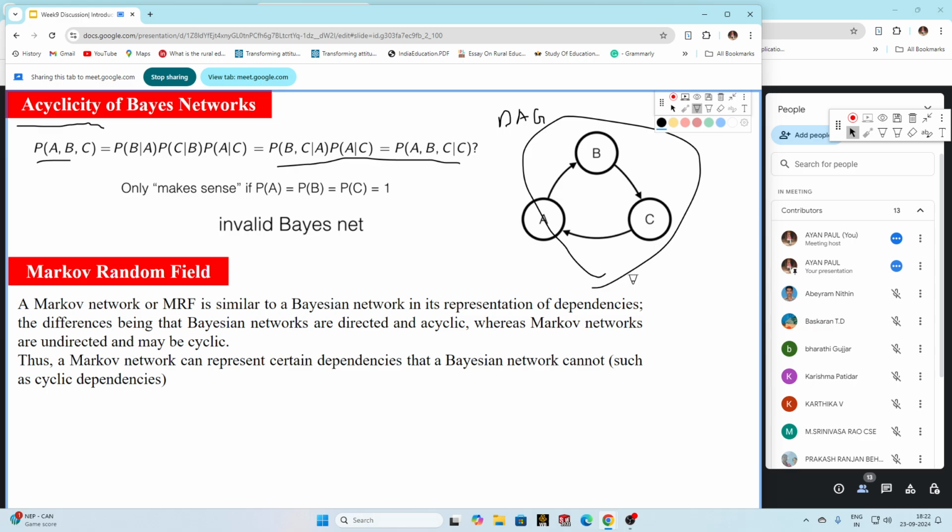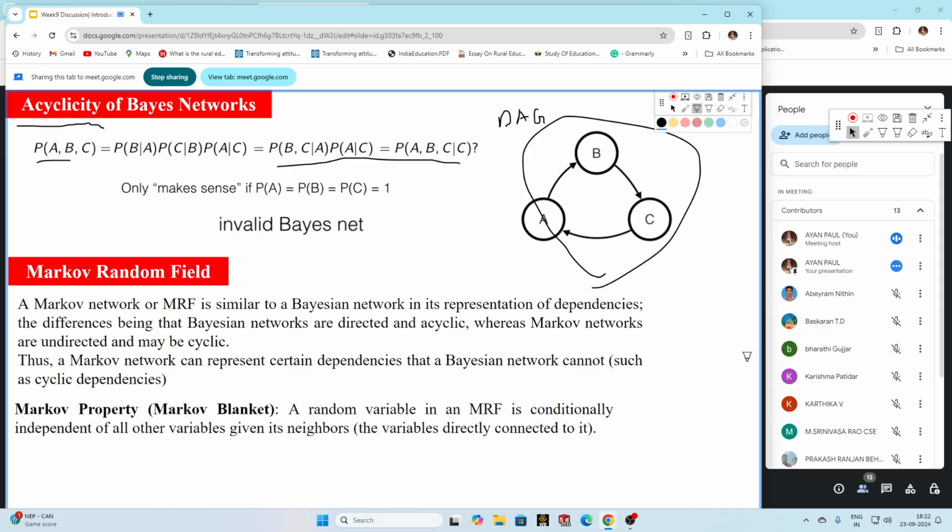discussed here. So there is a particular property of the Markov random field that is known as the Markov blanket. A random variable in a Markov random field is conditionally independent of all other variables given its neighbors, the variables directly connected to it.